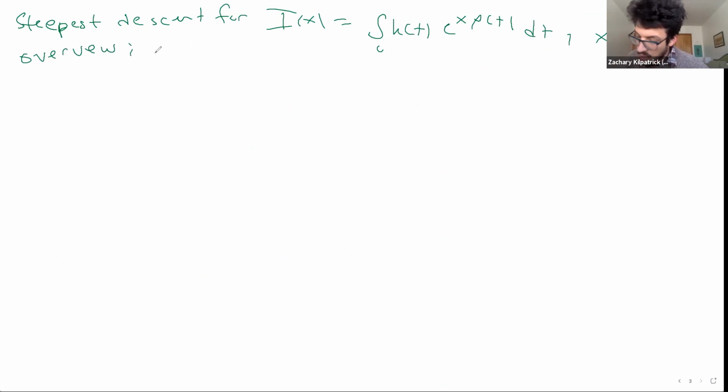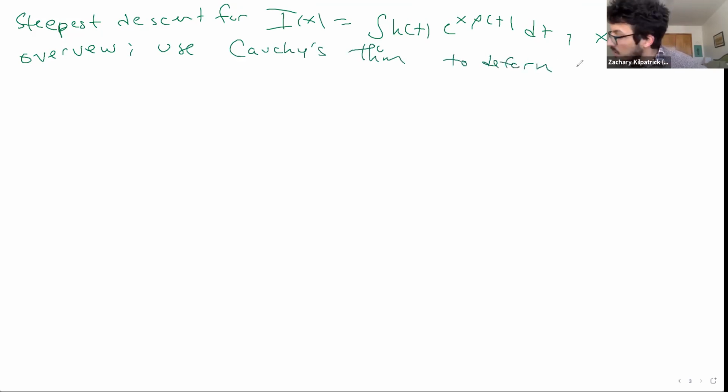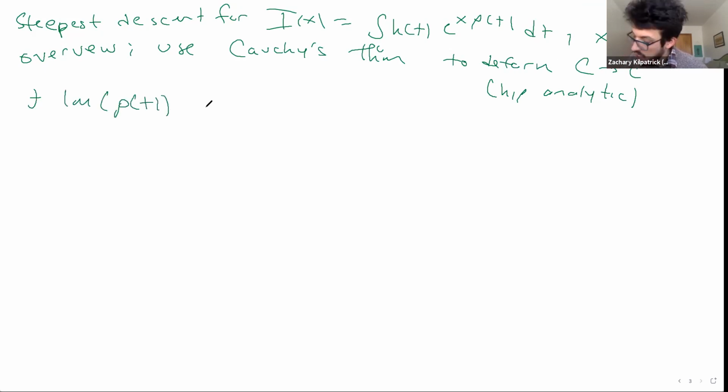The overview is that we're going to use Cauchy's theorem to deform whatever our contour is to C prime, where h and rho are still analytic along that contour, such that the imaginary part of rho of t is going to be constant for t along C prime, okay?